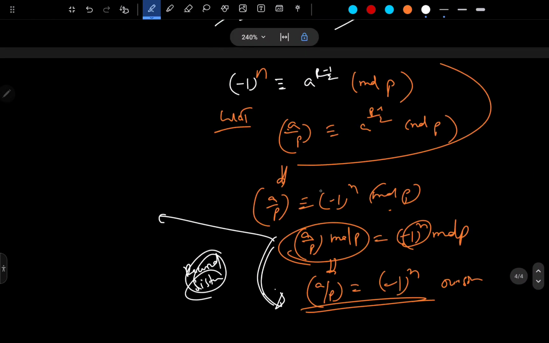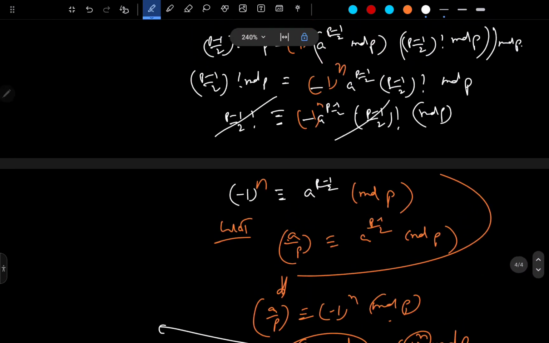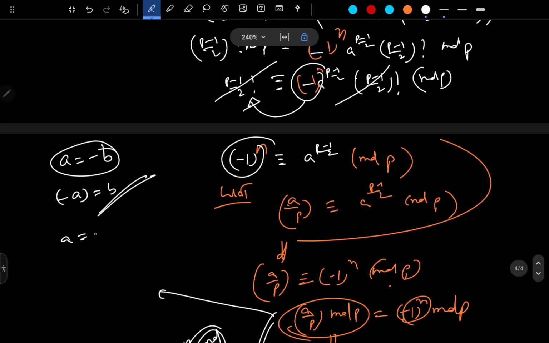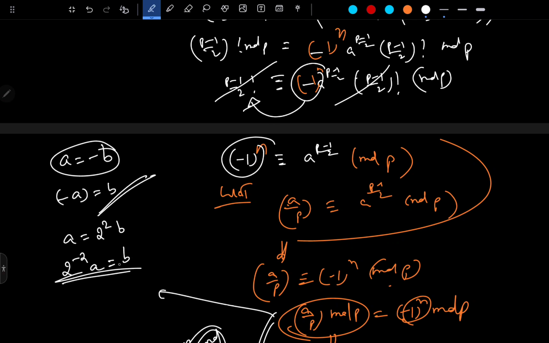One more thing: why I am not able to write successfully like this, minus 1 on the left side, it's a property. Let's say a equals minus b. Can I write minus a equals b? Yes, of course. This is the beauty. Generally a equals 2 square b, so I can write minus 2 power 2 a equals b.